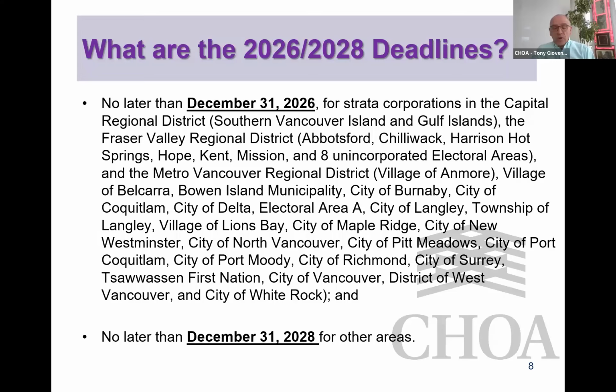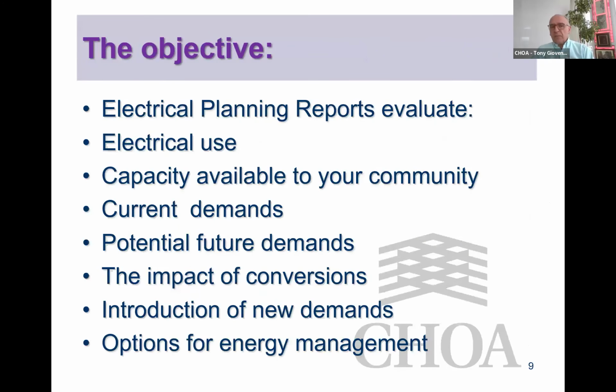All the other areas of the province, rural areas, they're all going to be 2028. So, we do have time, but it's amazing how quickly 2026 came up on top of us from when this legislation came in.